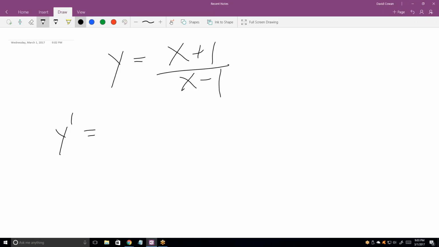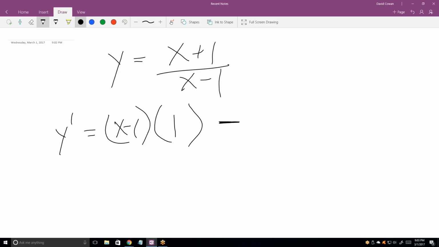Tell me what to write. X minus 1. Starting with the bottom, okay. Minus. Remember, it's got to be times the derivative of the top. So times 1. And order matters, so it's got to be subtraction, otherwise order wouldn't matter.